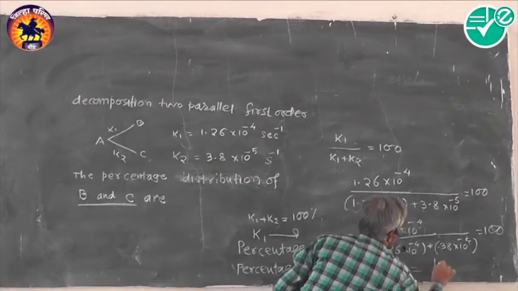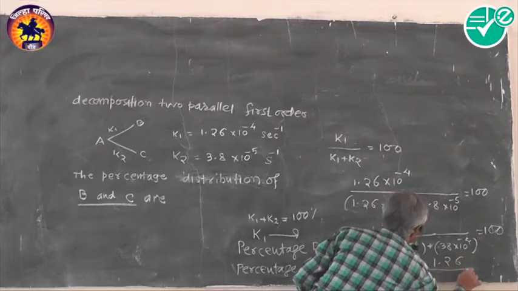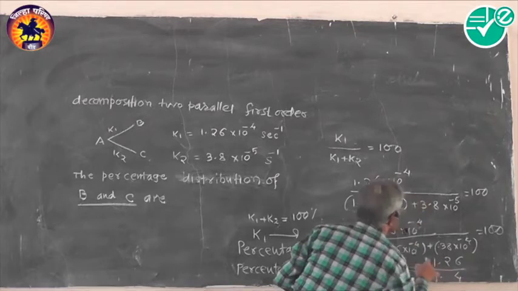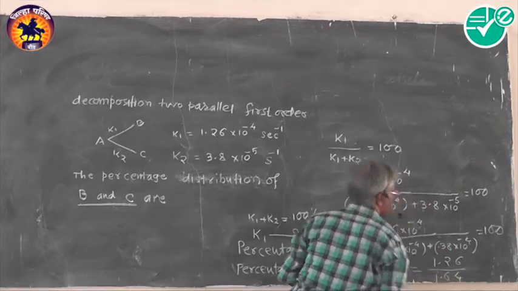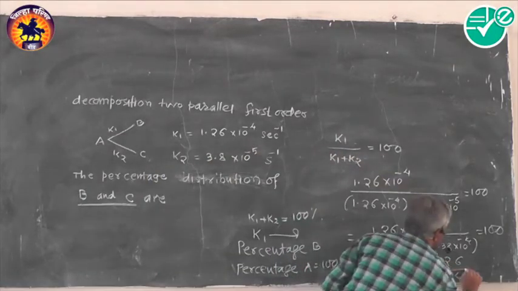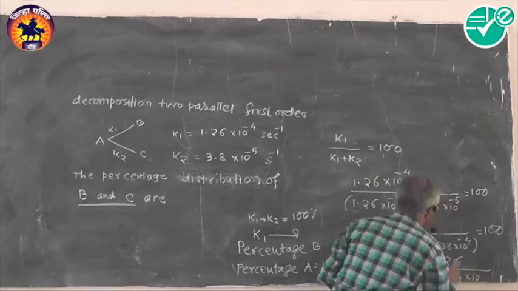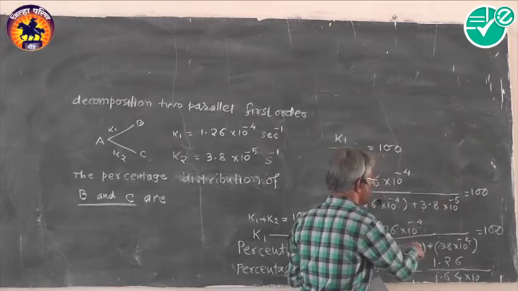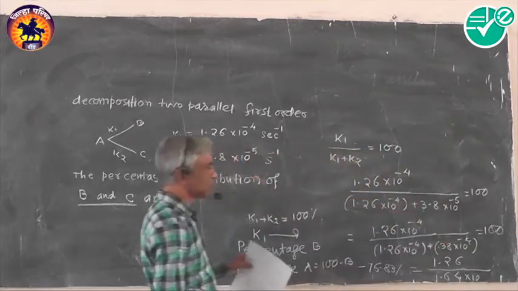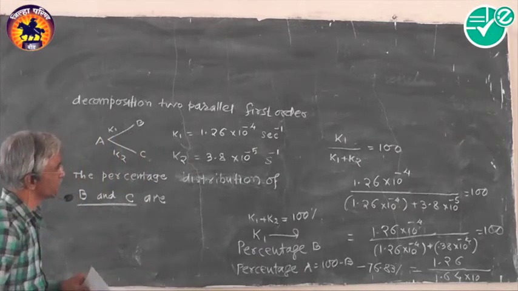It will be 1.26 divided by 1.64. So 1.26 multiplied by 10 raised to minus 4, and then by multiplication by 100 you can calculate this.